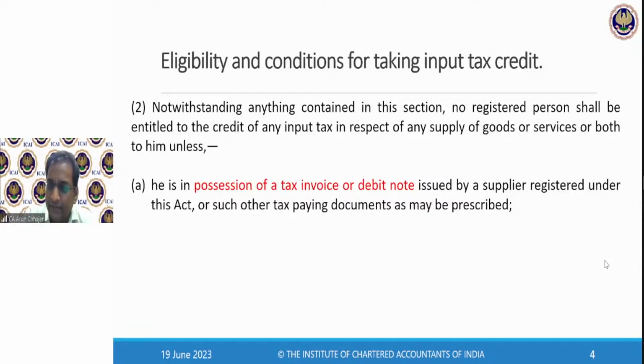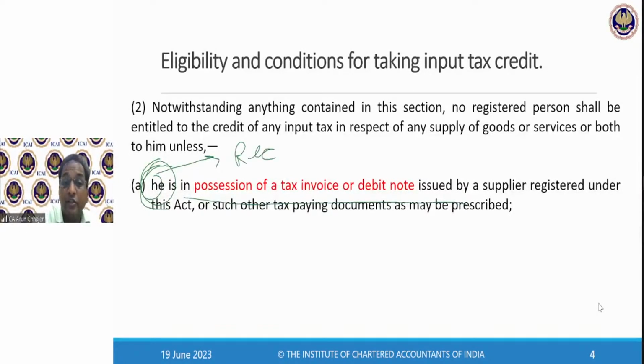Answer is recipient. Here they are talking about he is not entitled to take the ITC unless he is in possession of the tax invoice. Once again confirm, he means recipient or supplier. The answer is very clear. He means recipient.